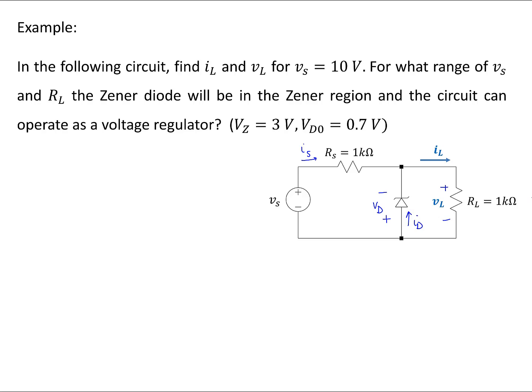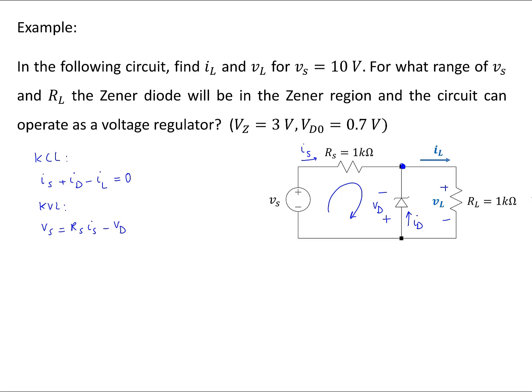So with that, we can write the KCL for this node here. KCL tells me that IS that enters the node plus ID that enters the node minus IL which leaves the node is equal to 0. And I can write one KVL in this loop, and that tells me that VS is going to be equal to RS times IS minus VD.